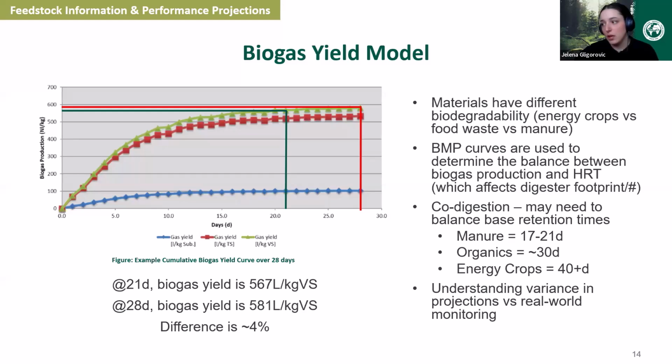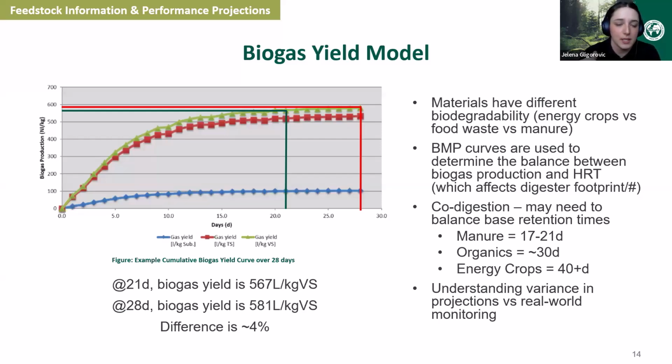One thing to note here is BMP curves can also be used to determine the balance between biogas production and your digester sizing. So I have an example here on the bottom left. For this substrate at 21 days, the biogas yield is 567 liters per kilogram VS, and then at 28 days, it's 581.